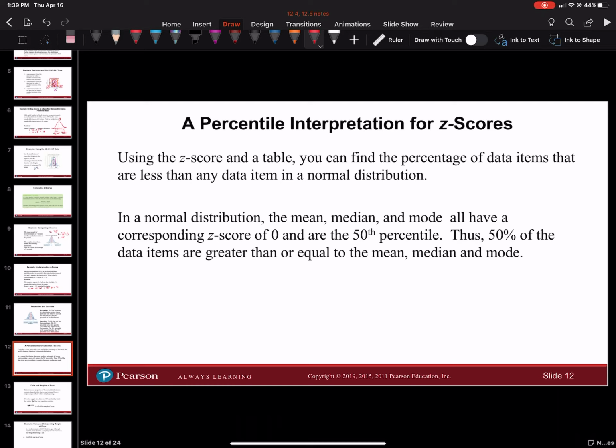Thus, the 50th percentile of the data items are greater than or equal to the mean, median, and mode. Now, the table they're talking about is going to be in your book. If you look in this section, you should see a big table in your book.